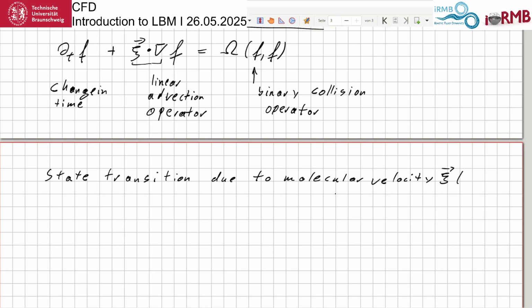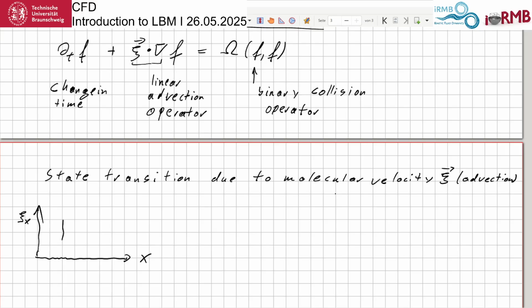So this is what we call advection. There's a very simple picture: there's a position x, and here is the velocity in that particular direction.